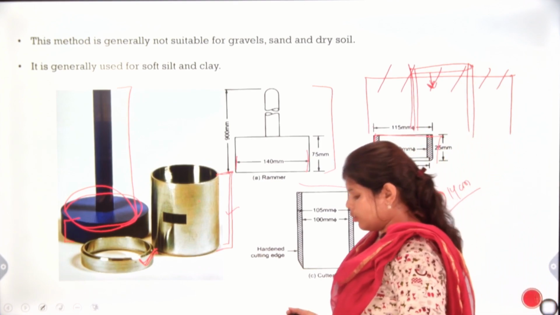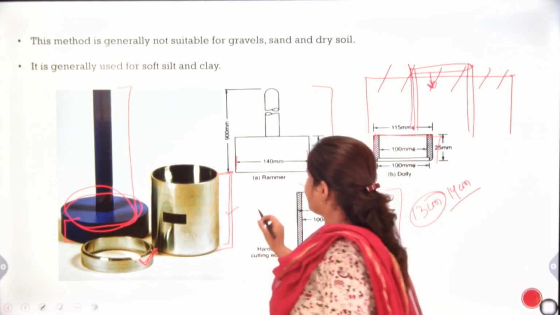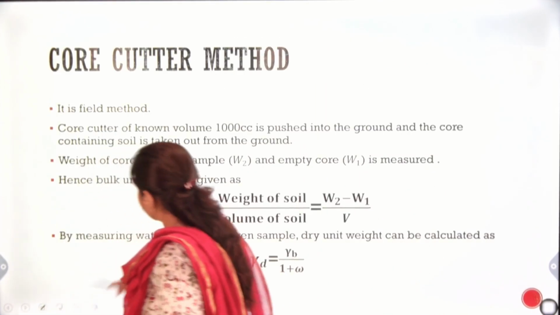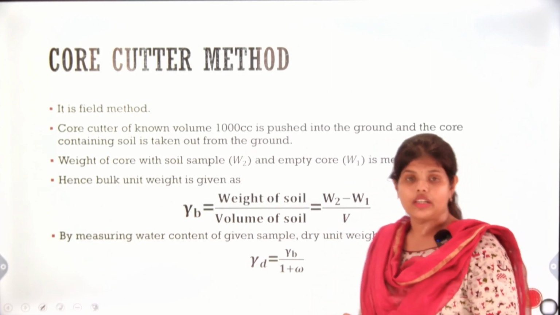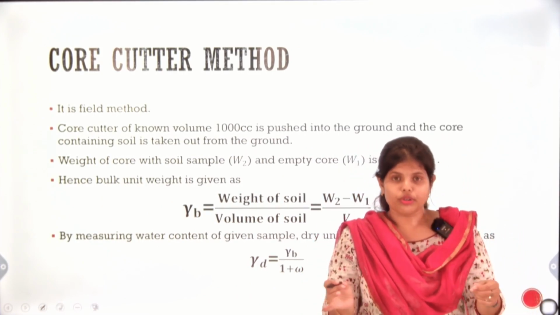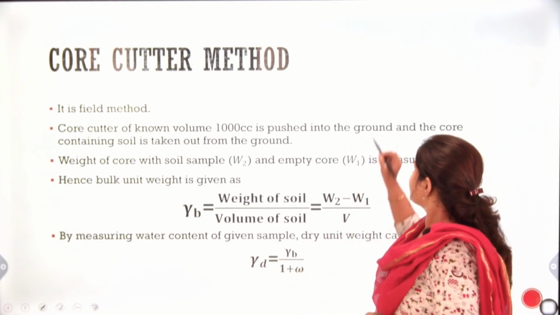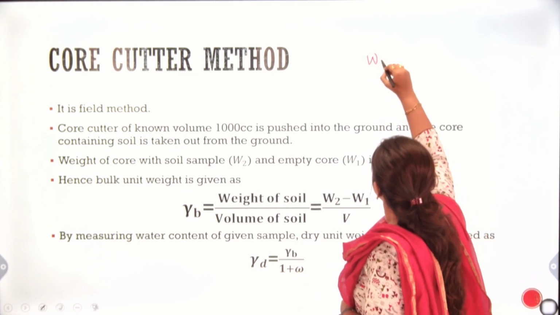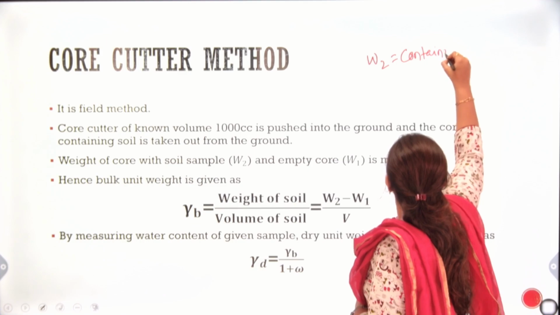After putting the core cutter inside the soil, we take the soil with the container. We take that as W2, container plus soil.